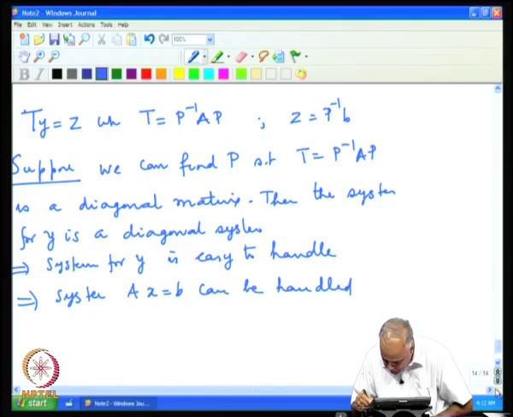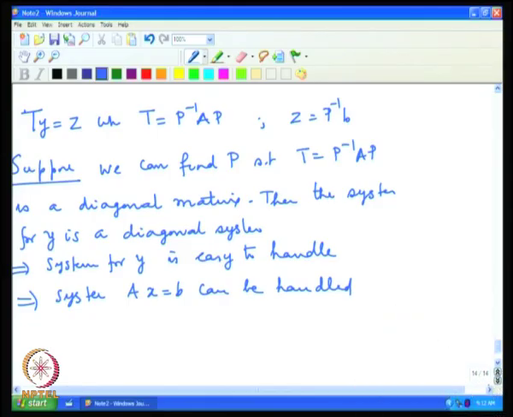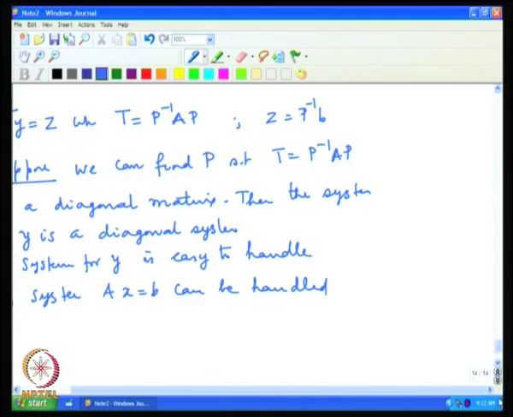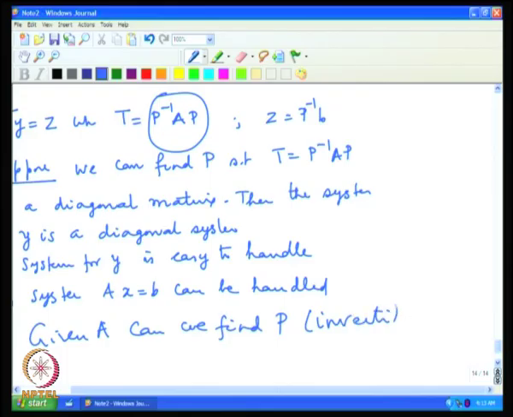Therefore, the fundamental question is, does this sort of change of variable work? Given a matrix A, can we make the matrix into a diagonal matrix by a transformation of the form P inverse A P? So, given A, can we find an invertible matrix P such that P inverse A P is a diagonal matrix?